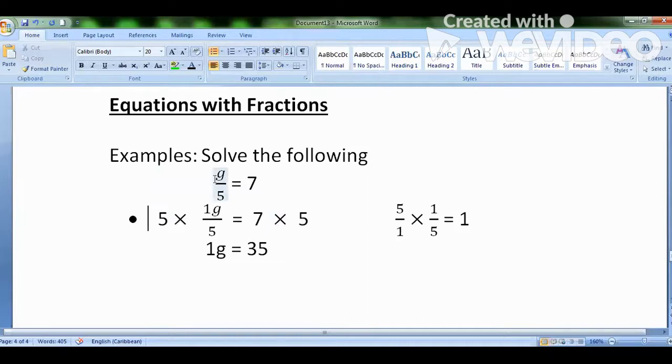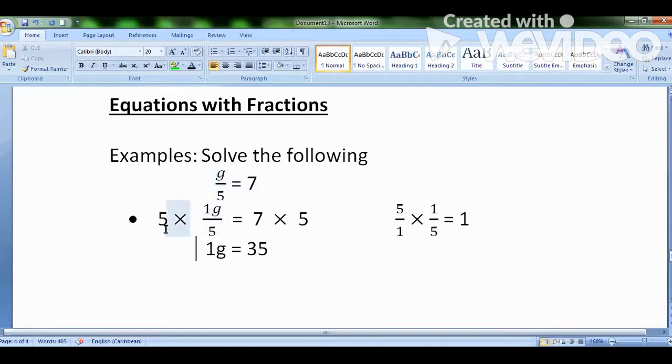So I want to get rid of this 5. Because if I get rid of the 5, what's left back is G by itself, what I want, not true? So to do that, I multiply both sides by 5, because this 5 up here cancels the 5 down here. Suppose this was not 5 at the denominator, suppose it was 10.